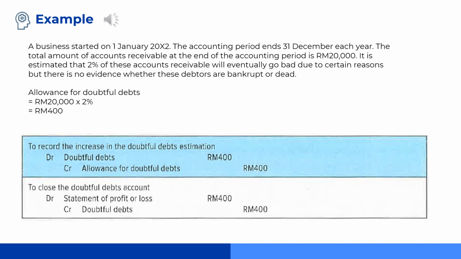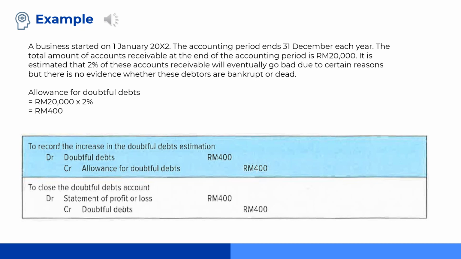Allowance for doubtful debt should be calculated as follows. The net amount of account receivable is 20,000, and it is estimated that the doubtful debt is 2%, so we just take 2% from 20,000, so the amount of allowance for doubtful debt should be 400.